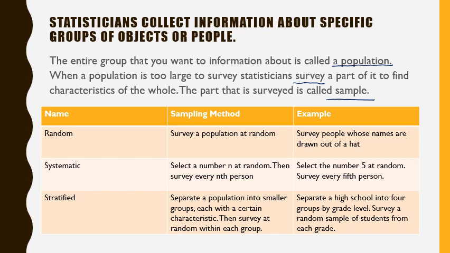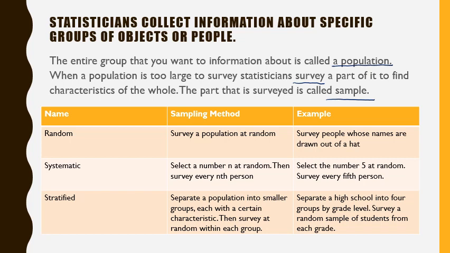Okay, so you could have different types of samples. You could have random samples, survey a population at random, survey people whose names are drawn from a hat is an example of that. Systematic sample is select a number n at random and then select every nth person. So for example, you could select the fifth person at random or survey every fifth person.